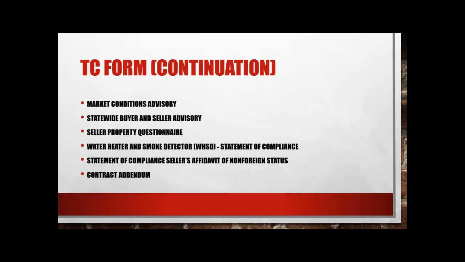So all of this must be included as paperwork for the transaction to be closed.